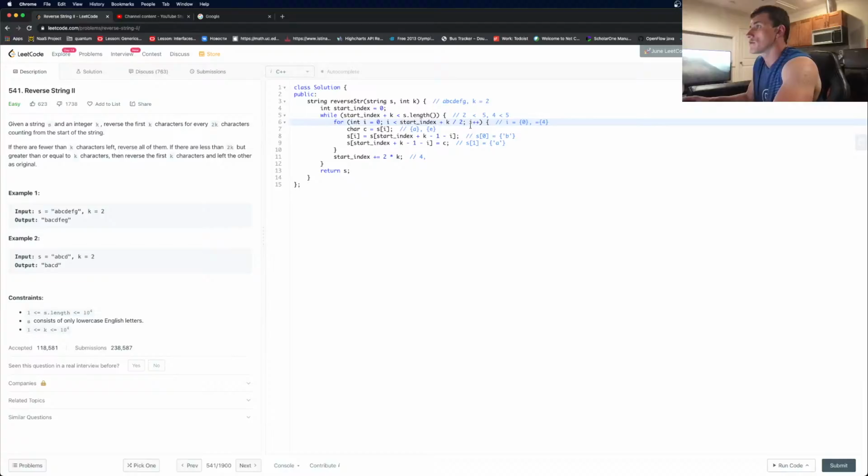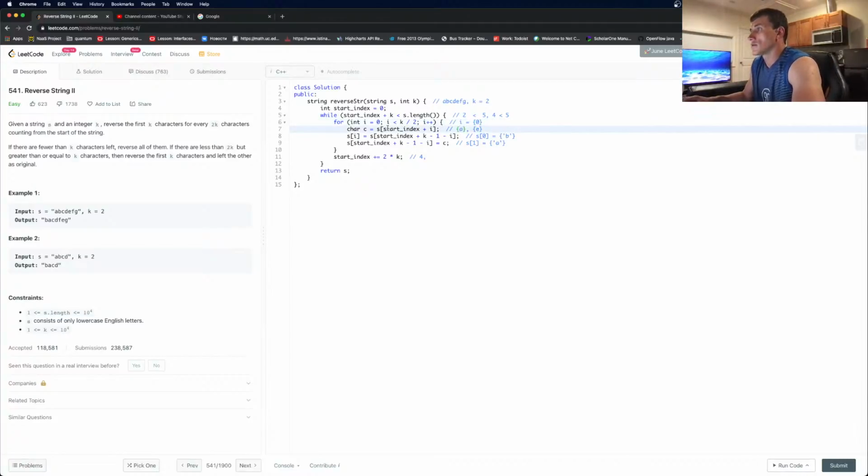Let i always be from 0. All right, and this is always k over 2 times because we want to swap, and then we say start index plus i, and this thing is minus i, and that's it. Now it should work. So again, initially, because it was i 0, it's also 0, so it stays 0 all the time.